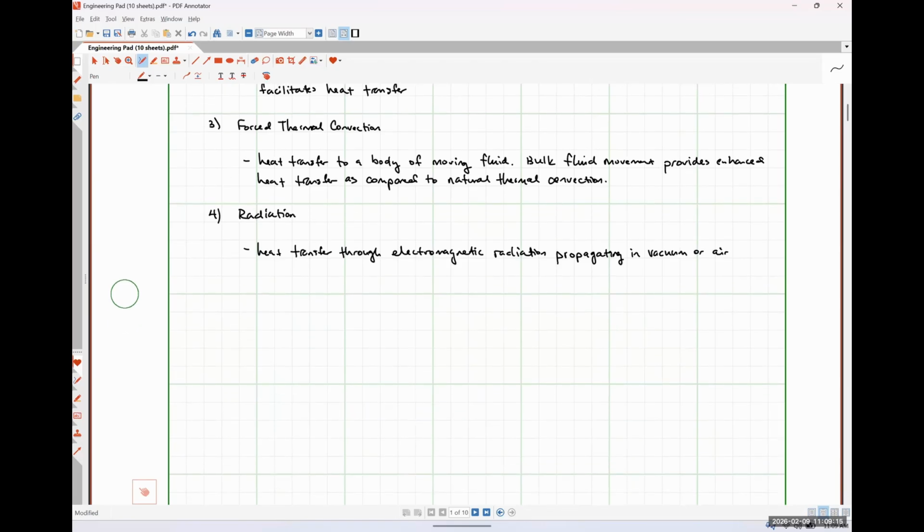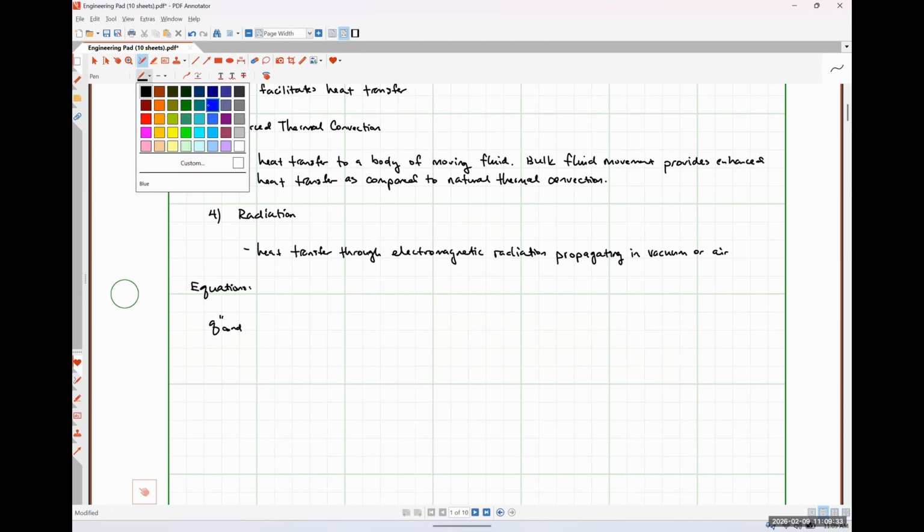So the first one, let me just write this out as equations. So I'm going to have Q double prime sub COND.